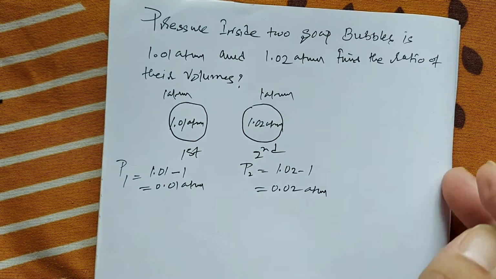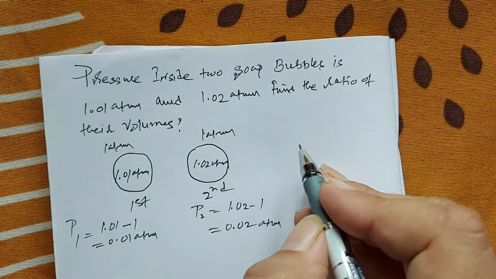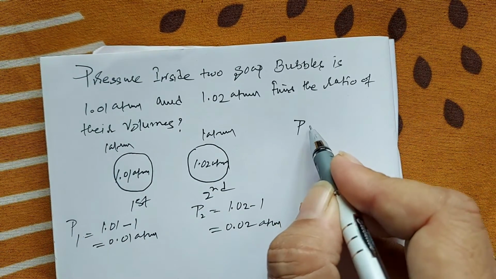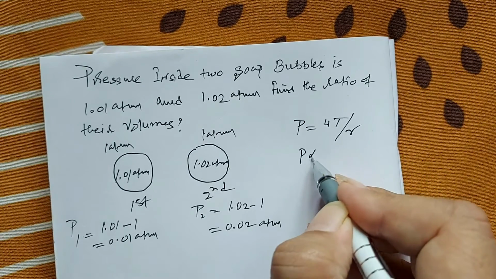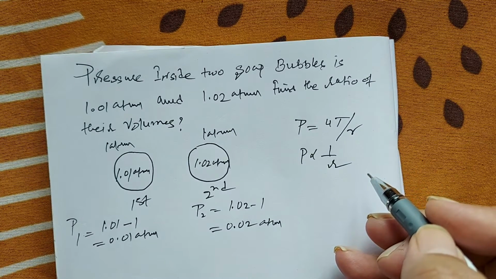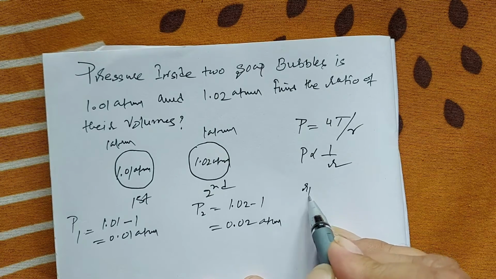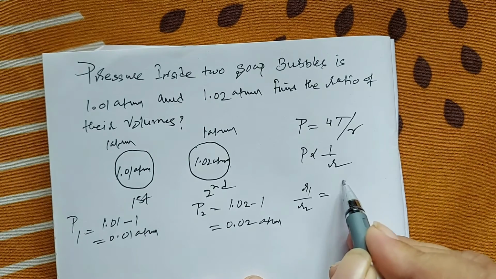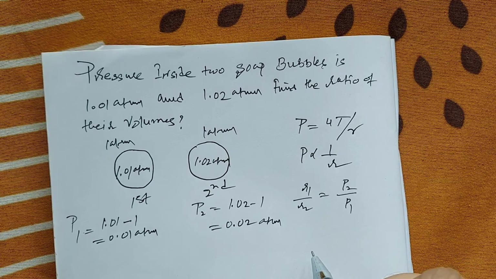Okay. So we know that excess pressure inside the bubble is equal to 4T by R. P is inversely proportional to 1 by R. That means R1 by R2 is equal to P2 by P1.